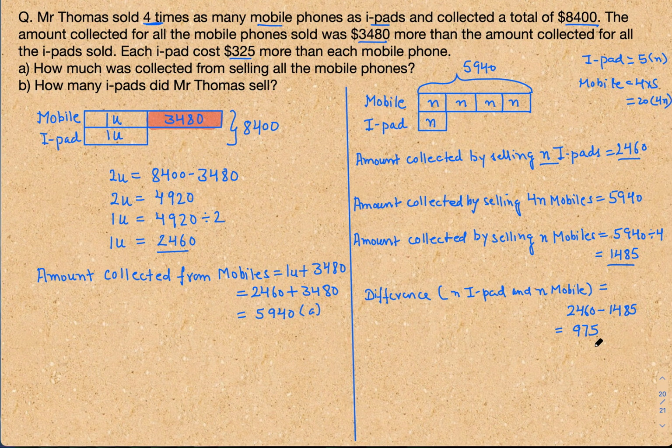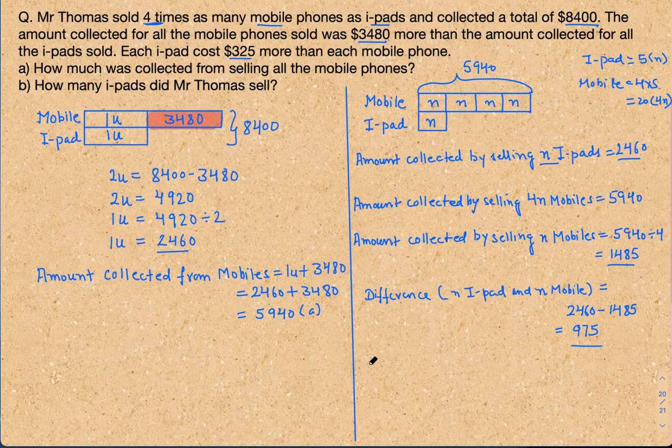So the difference between the amount collected by selling n iPads and n mobile phones is 975, and we know that the cost of one iPad is 325 more than the cost of one mobile. That means if we divide this amount by 325, we will get how many iPads have been sold, and that's what is our part B.